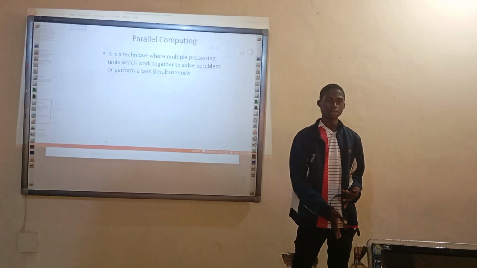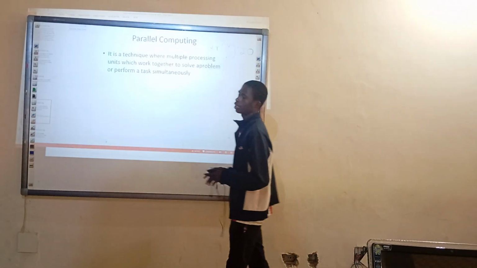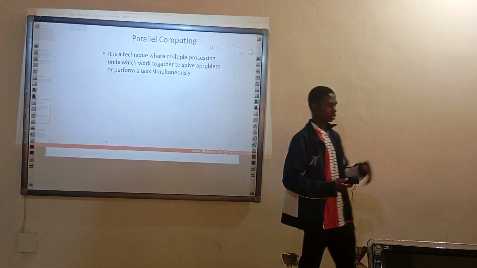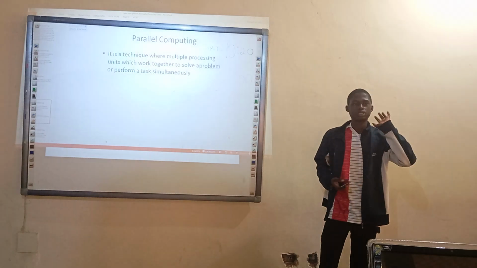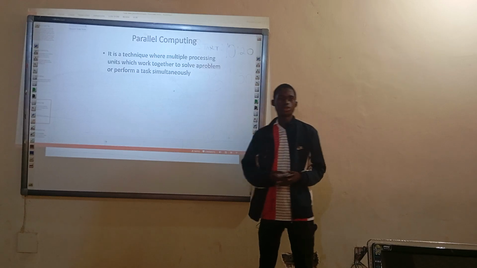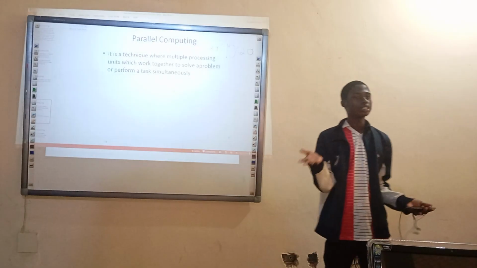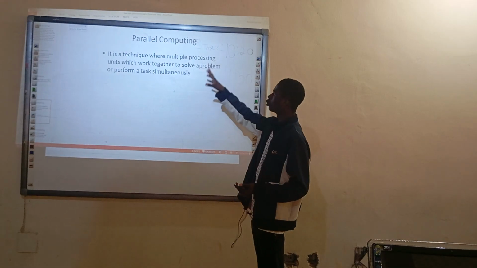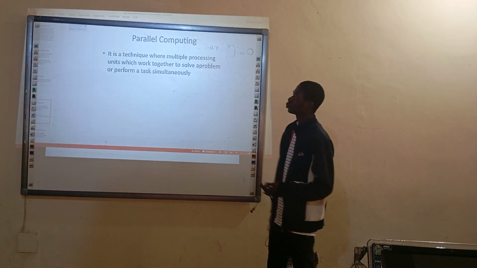So that is parallelism. And if we notice in this example, when it was only one chef, he was using one set of materials. That is the one processing unit here. But when it was many chefs, they were using their own materials, their own things. So with parallelism, we use multiple processing units.